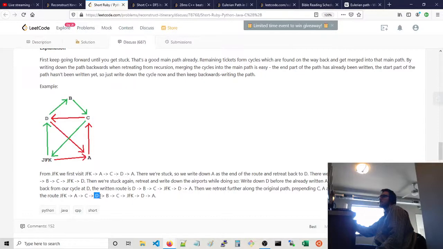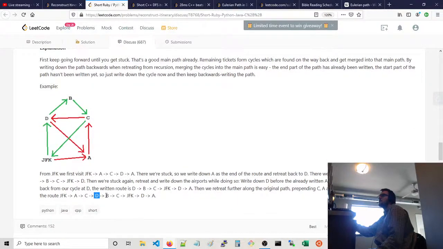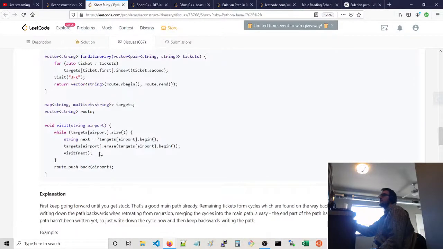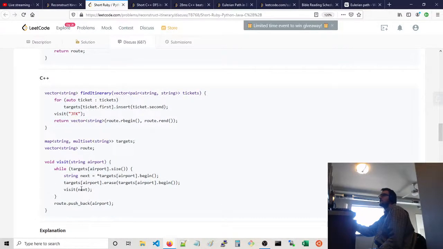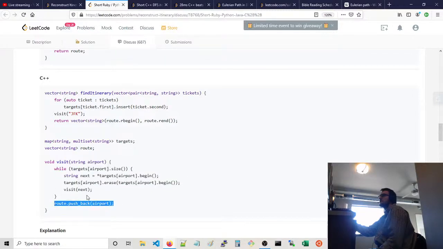But for some reason, B ends up getting written before A. And I believe the reason is we visit A, and then after processing A, we push back.